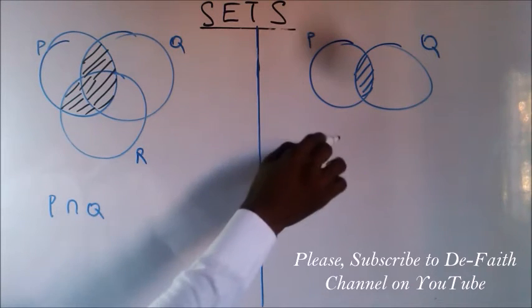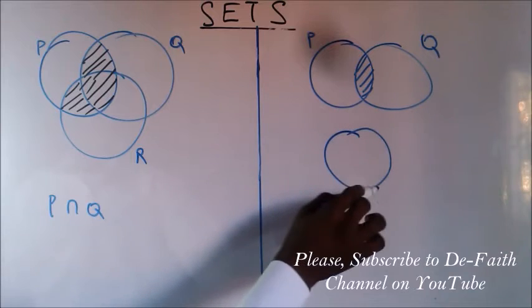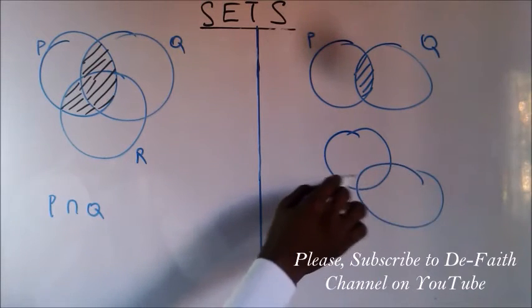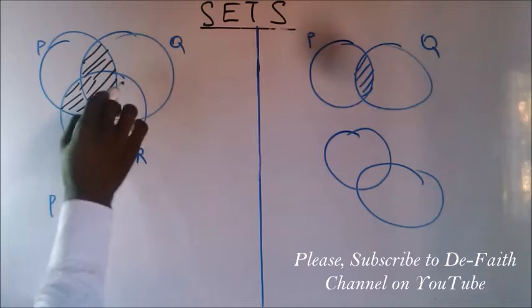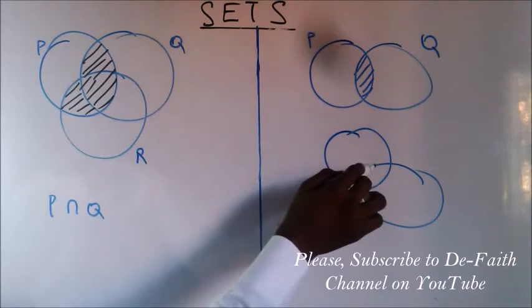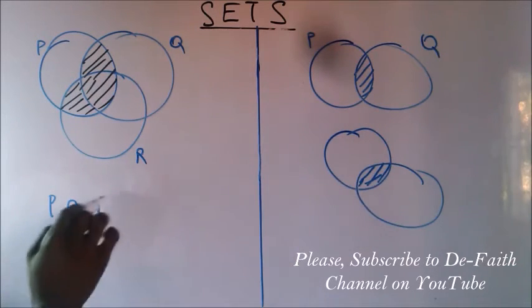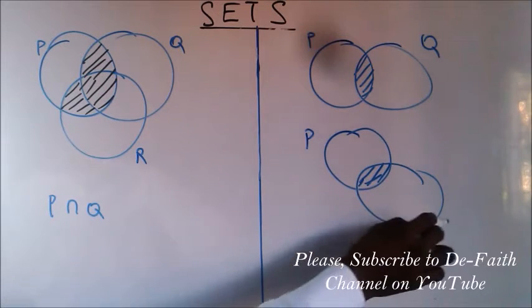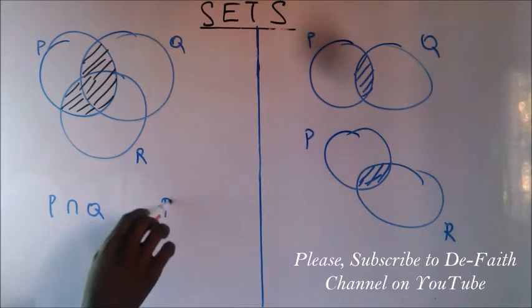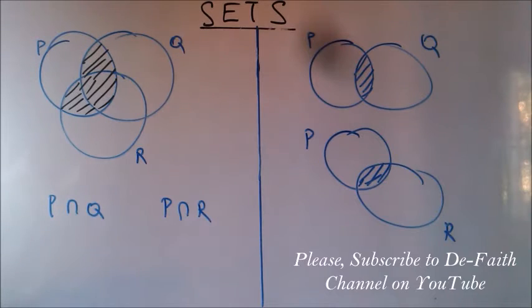And then we have P and R over here, and if you look at it closely, this place is also shaded, which is P and R. So this is P intersection R as well.